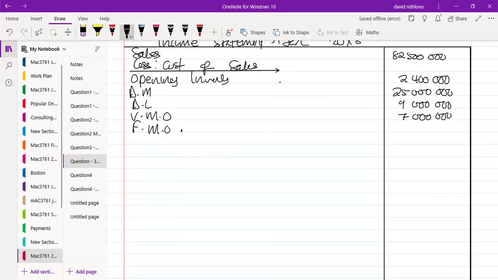Now what we do, let me write properly here. Let me say absorbed, or applied, fixed manufacturing overhead costs. So we don't use the budgeted, but we use the absorbed or applied. It means the same thing.